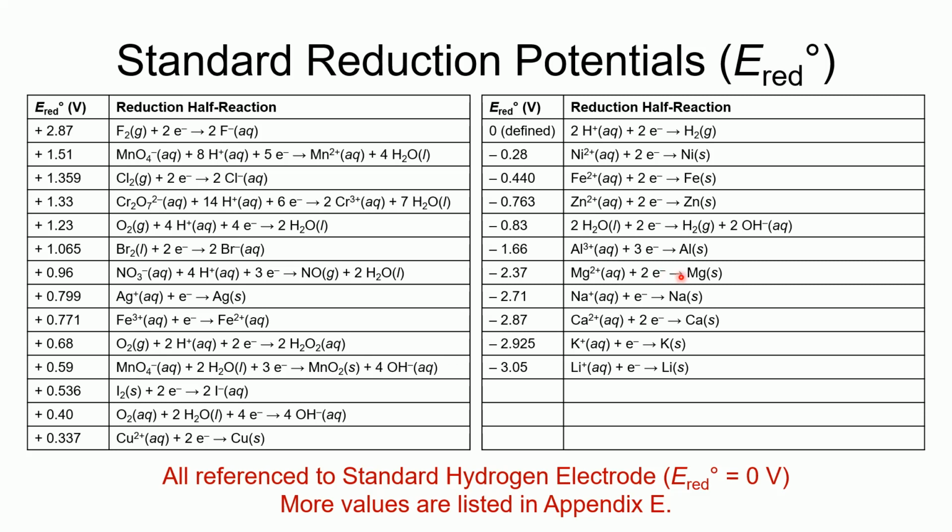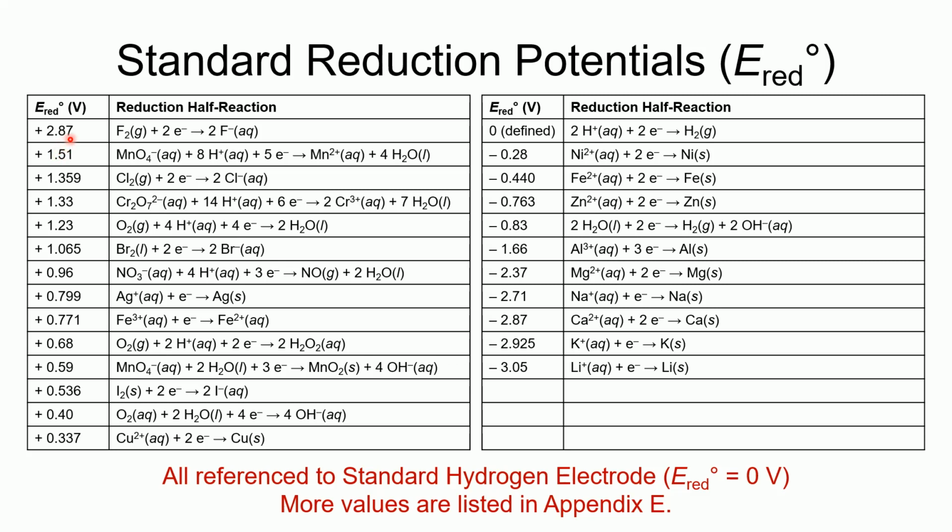You'll see that we have a wide range of possibilities here, from 2.87 down to negative 3.05. And that is our range of reduction potentials that we know of.